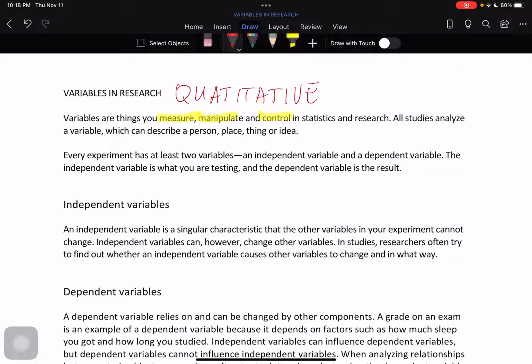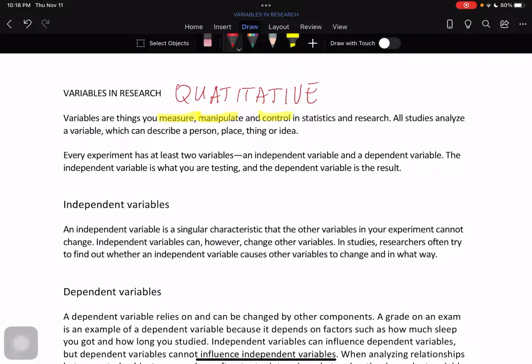So we have already established that crucial part of the relationship of variables with this method of research. Variables are things that you can measure, manipulate, and control in statistics and in research.